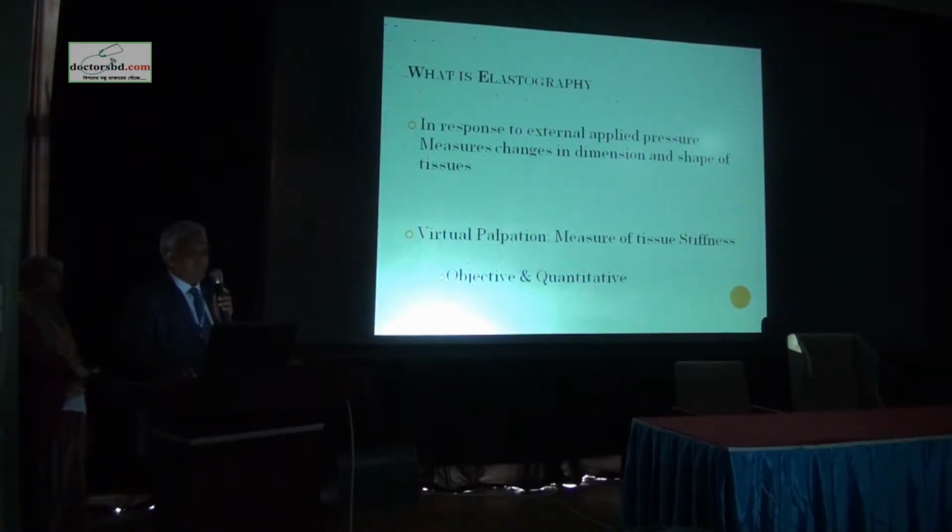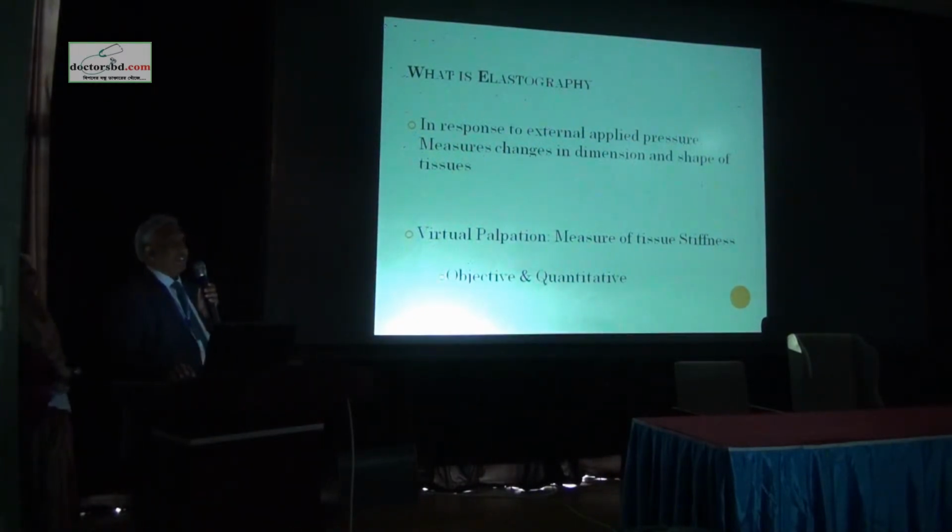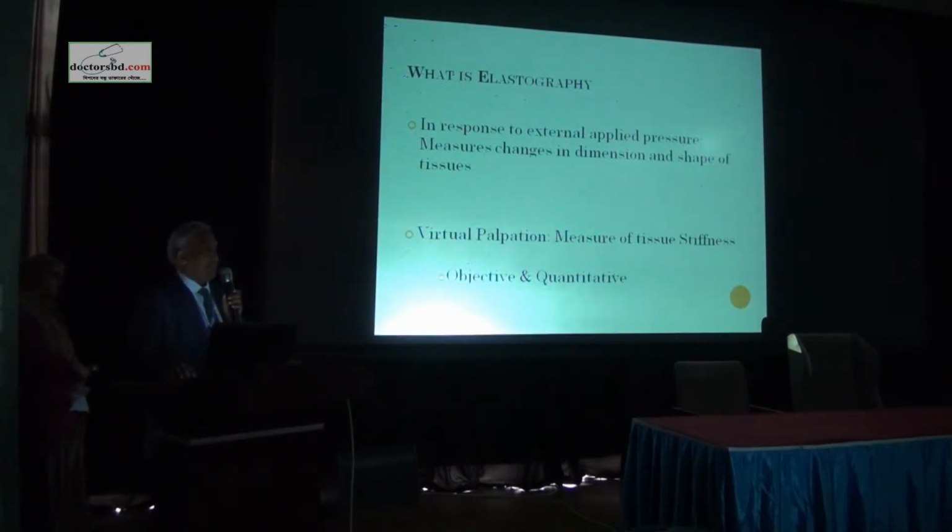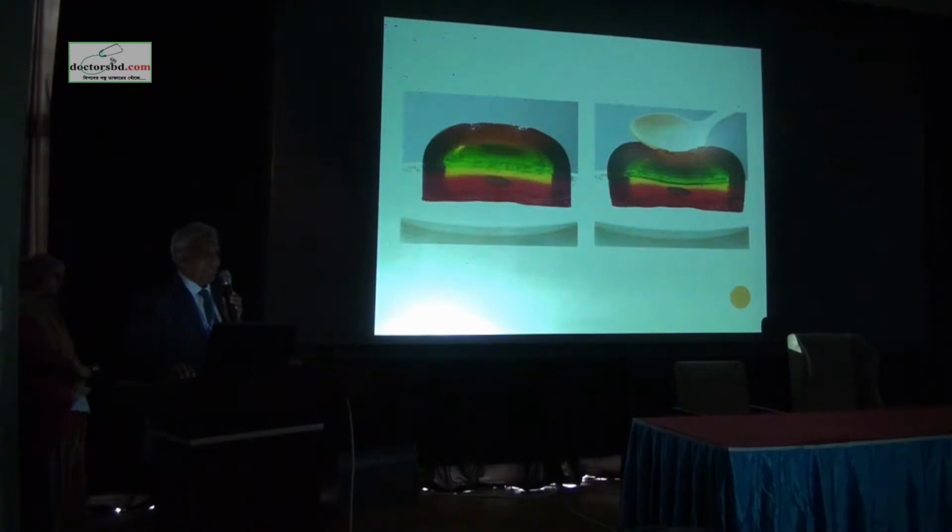It's a kind of virtual palpation, and it measures stiffness of the tissues in response to the external force applied on that part of the organ or tissue. Stiffness reduces the strain, and that is how strain is measured by the elastography technique.